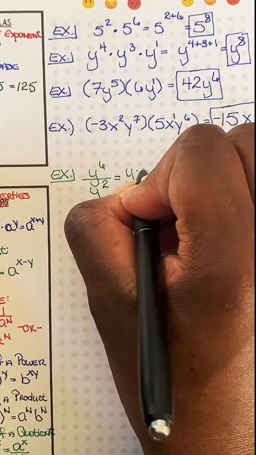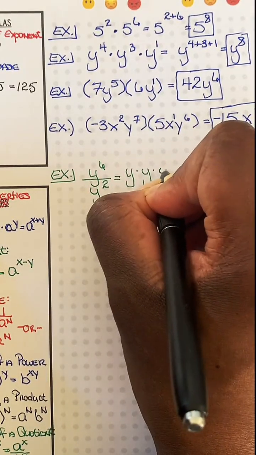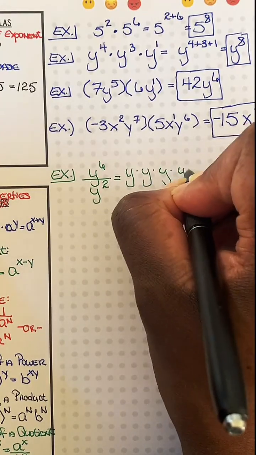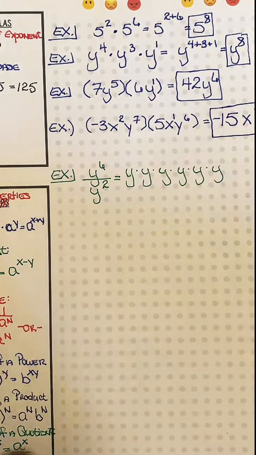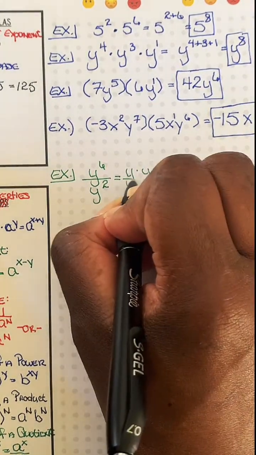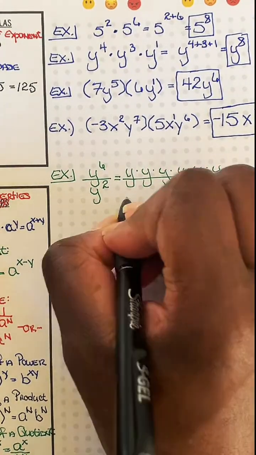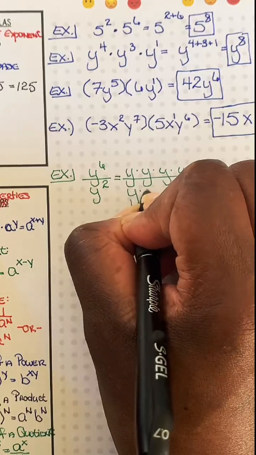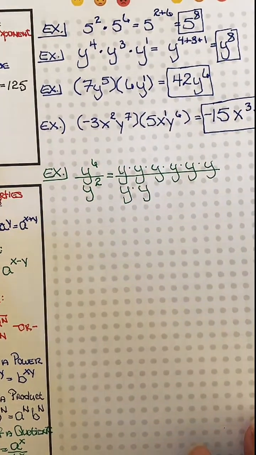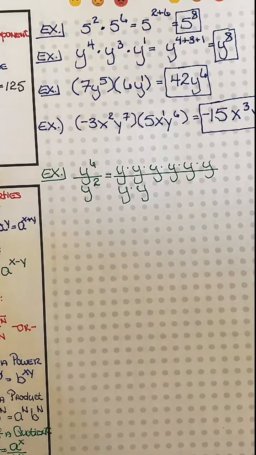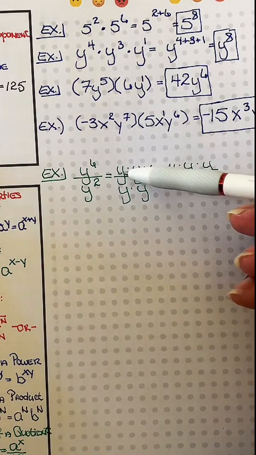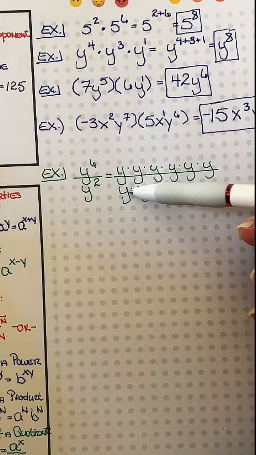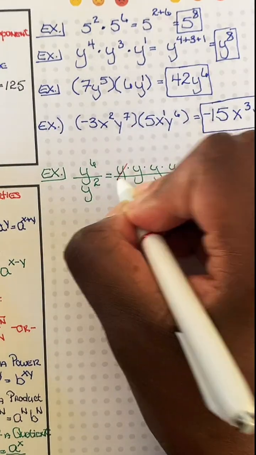Y to the 6th power means I am multiplying the base y 6 times. Y to the 2nd power means I'm multiplying that base y 2 times. So I'm going to be canceling out, because a number divided by itself always equals 1.